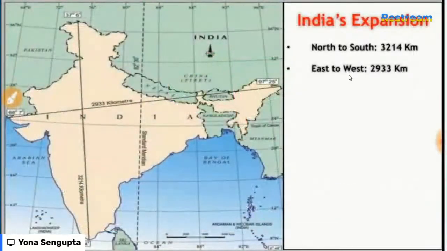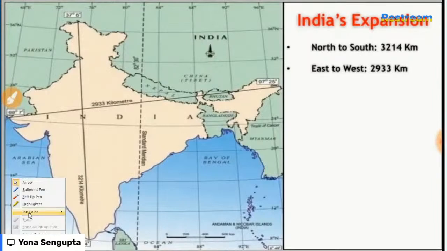India's expansion north to south is 3214 kilometers, and east to west is 2933 kilometers. India from the south is about 22 degree.